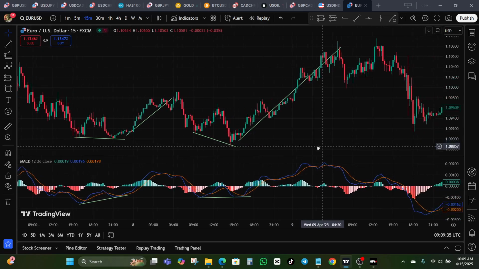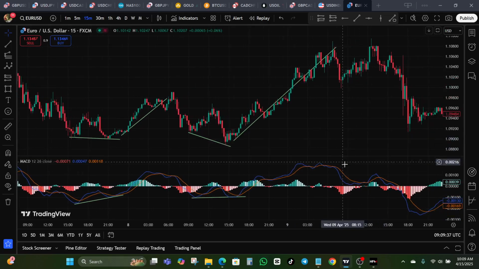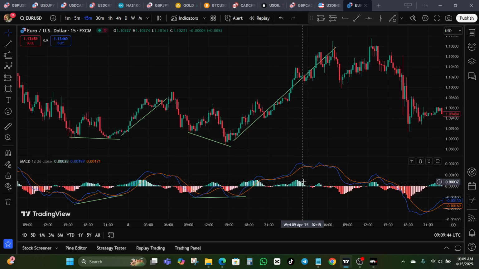The most important element here is that both the MACD line and the histogram reflect the divergence clearly across two swing points. So this gives us double confirmation of weakening momentum.